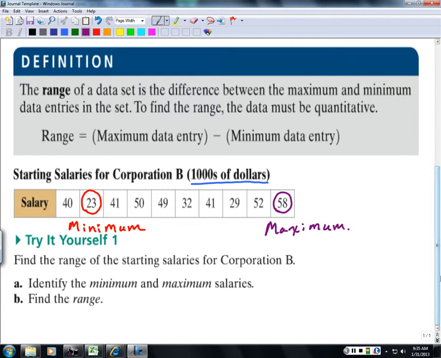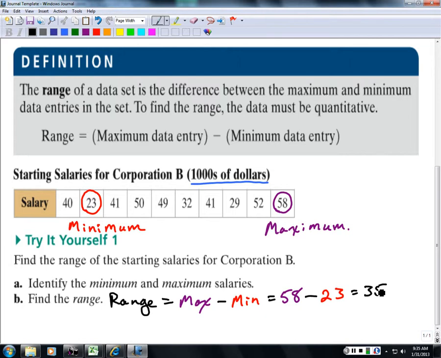And then to find a range for this, we're just simply doing the maximum minus the minimum, which in this case is simply 58 minus 23, and I get 35. So the range is actually $35,000.